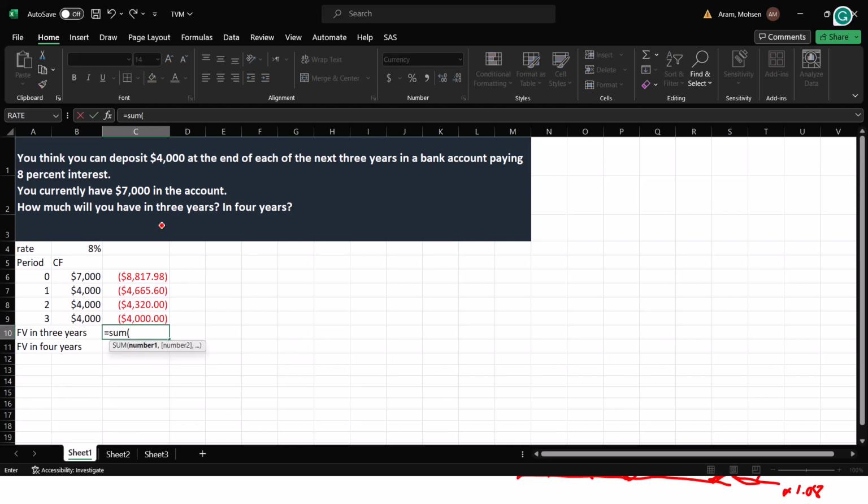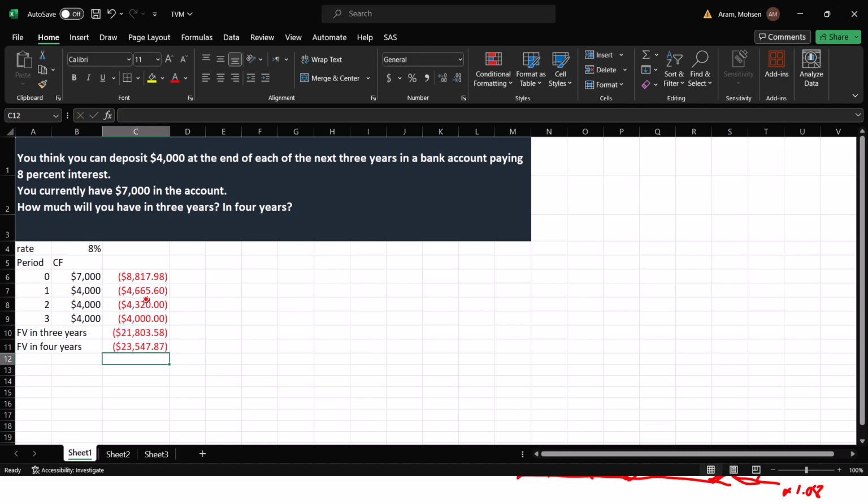Value in year 3 would be the sum of all 4 future values. And then if you want to calculate this for year 4, you just select that and then multiply that by 1 plus the rate. You'll get the value in year 4. So all you're doing is just finding the future value of each of the cash flows that you have and then adding them together.